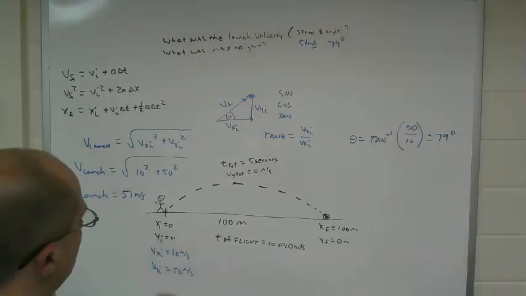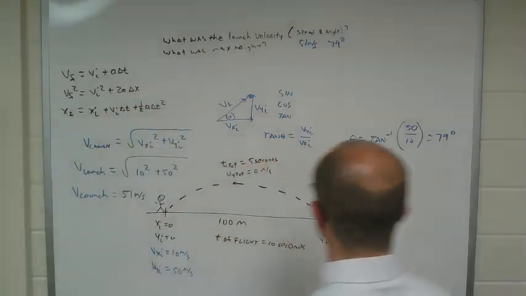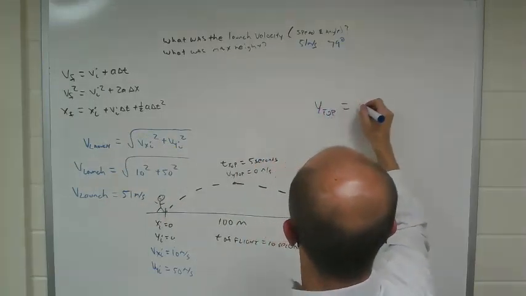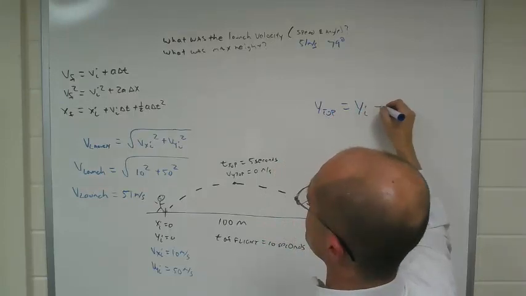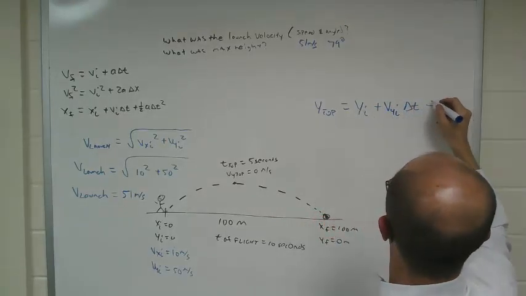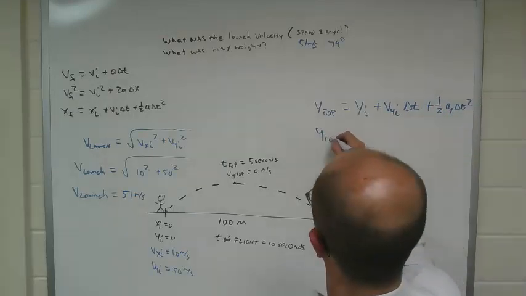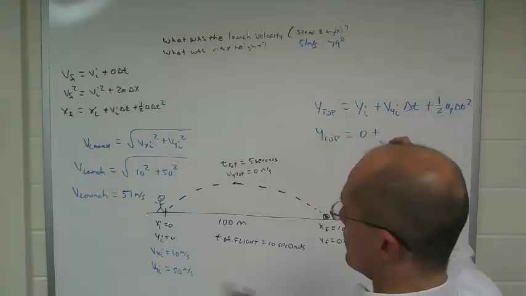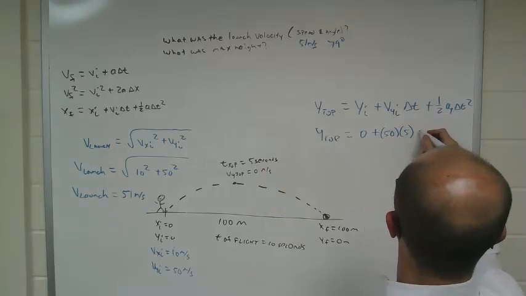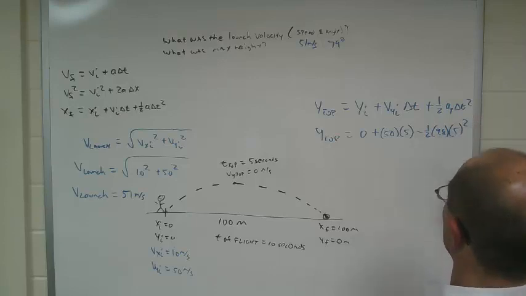And now that we have Vyi, to get the height at the top, let's do that. How high up did we go? Well, y at the top is equal to y initial plus our Vy initial delta t plus 1/2 ay delta t squared. So y at the top is equal to 0 plus our initial 50 times the time we used to get to the top, minus 1/2 of 9.8 times 5 squared.